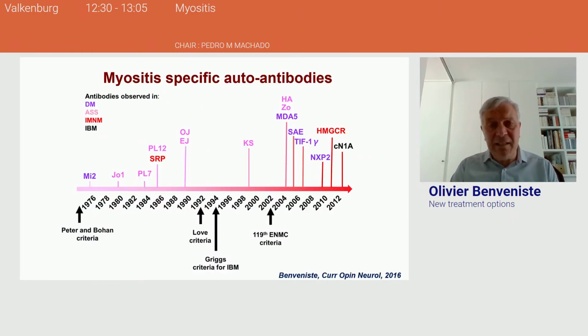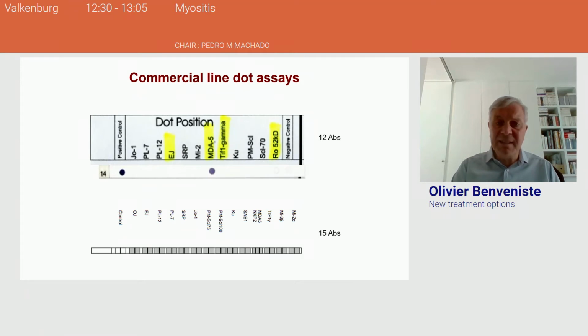But in parallel came, year after year, the discovery of all these myositis-specific autoantibodies. Some of them are specific to the different subgroups of myositis. The great revolution came from the fact that we can easily test these different myositis-specific autoantibodies in routine in every hospital immune lab.